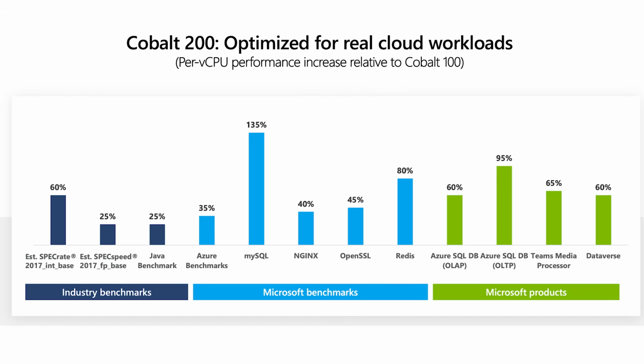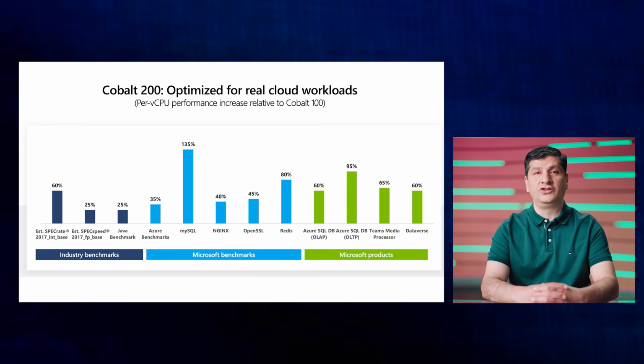On the right, the strongest signal of all, Microsoft's own first-party services running at hyperscale on real customer traffic every day. Workloads differ, and yours will land somewhere along this distribution. But every bar tells the same story. Cobalt 200 raises the floor on per-core performance. For developers, that means more work done per core, fewer cores to provision, lower bills, and real headroom to scale.